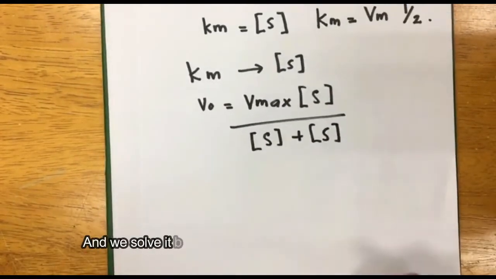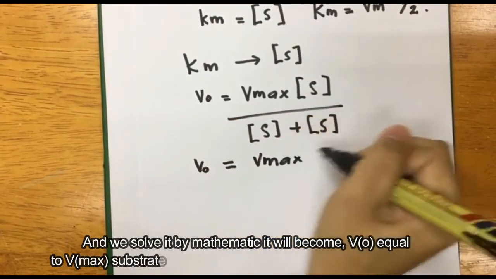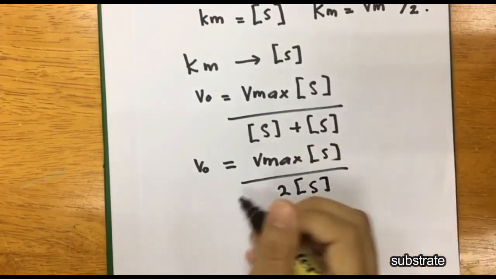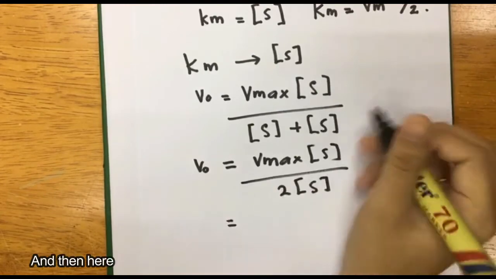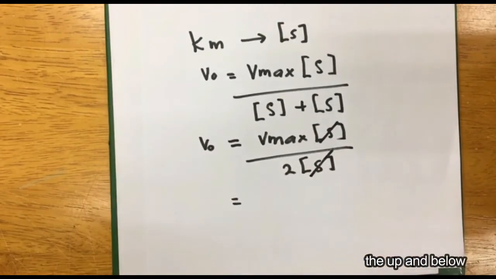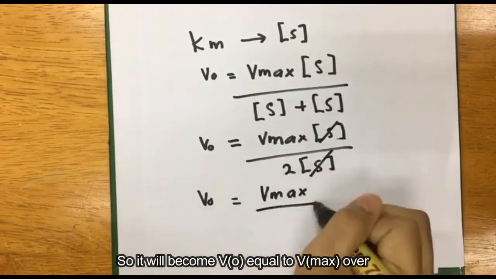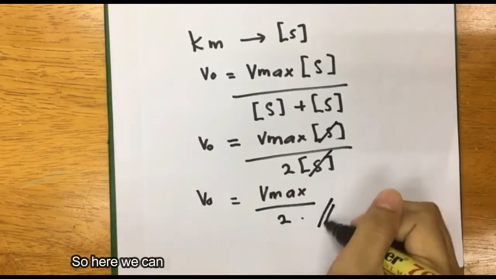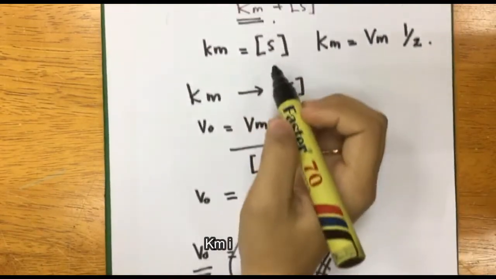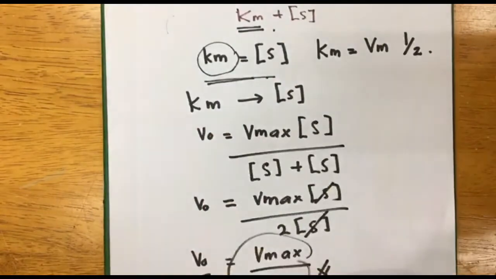Solving it, V equals Vmax times substrate concentration over 2 times substrate concentration, and then we can cancel the substrate concentration at the top and bottom, so V naught equals Vmax over 2. So here we can justify that when V naught equals Vmax over 2, Km is the concentration of substrate. We can get the value of Km on the graph.